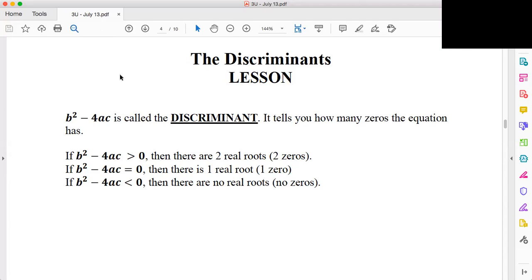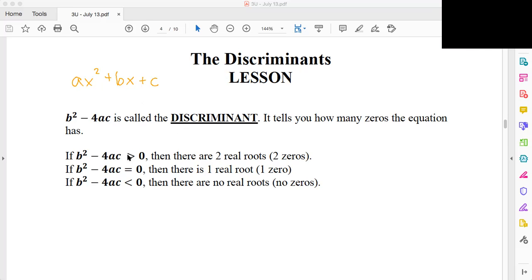With the discriminants, we have our standard form equation that's ax squared plus bx plus c. If we do b squared minus 4ac from that standard form equation, it's going to tell us how many zeros we have.